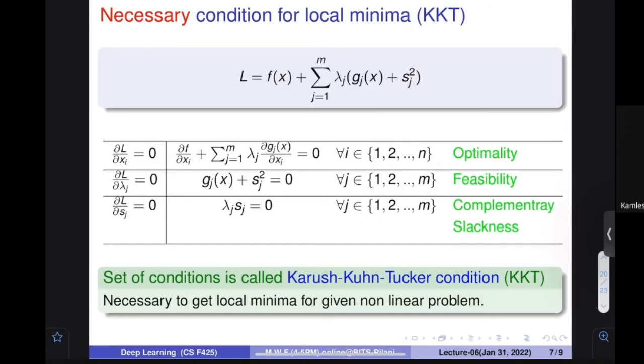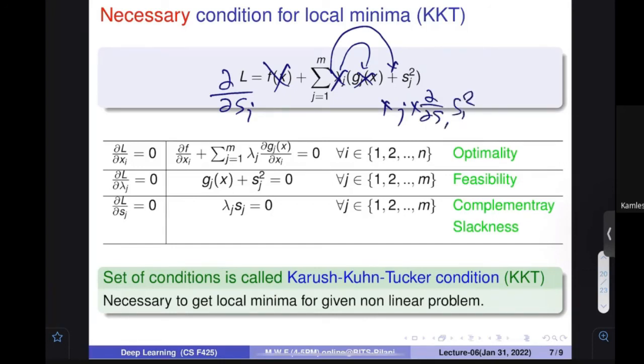What is the derivative? Let me just say del upon del sj. This term would go away, and the multiplication of this with this actually goes away. Lambda j can come here, multiplied by the derivative of sj square, because it becomes constant.